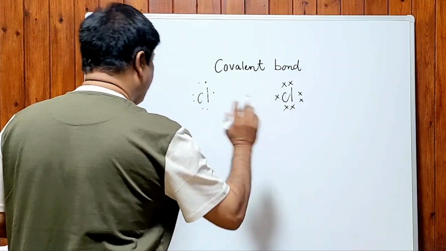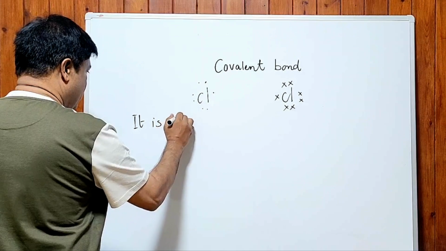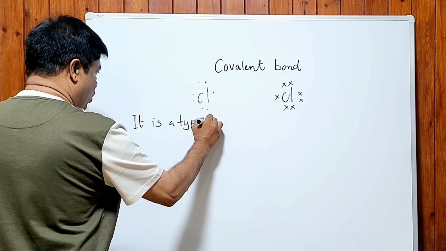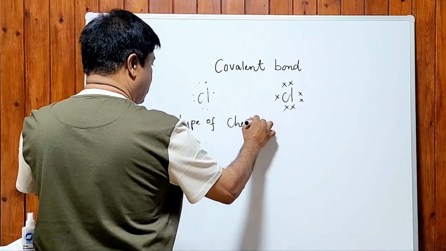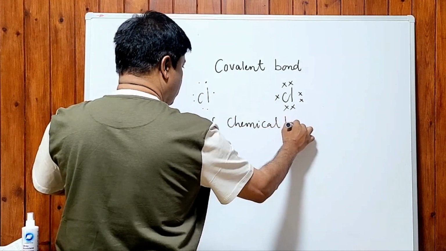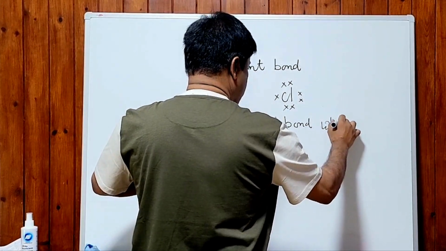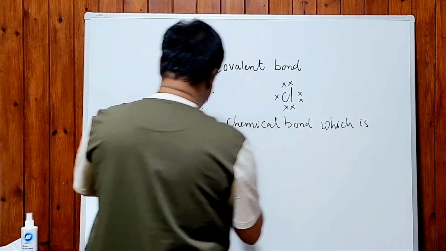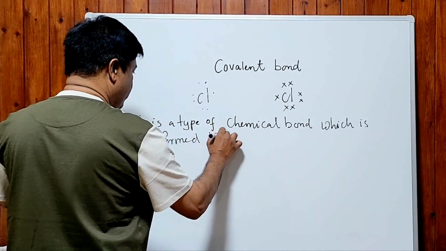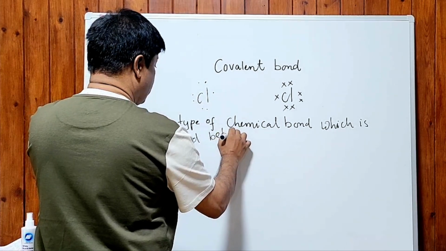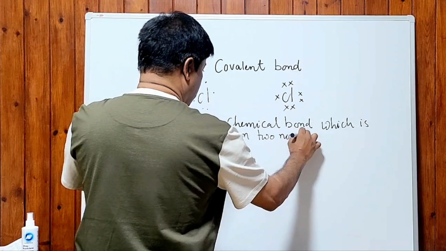So it is a type of chemical bond which is formed between two non-metals.